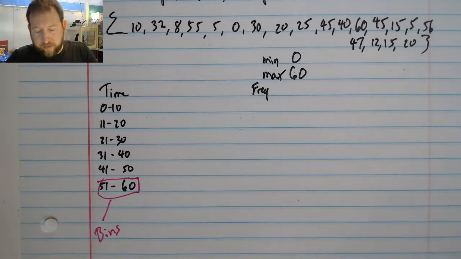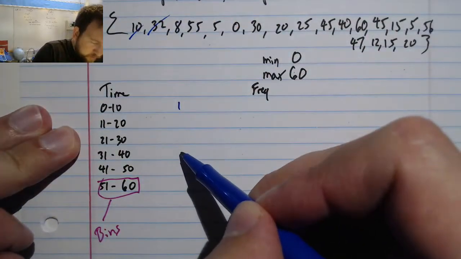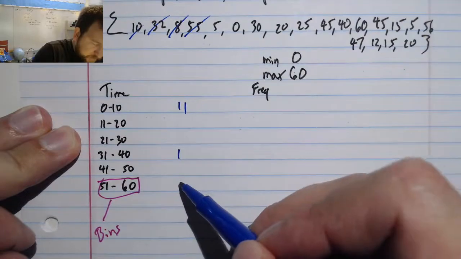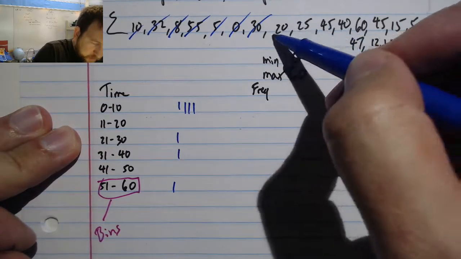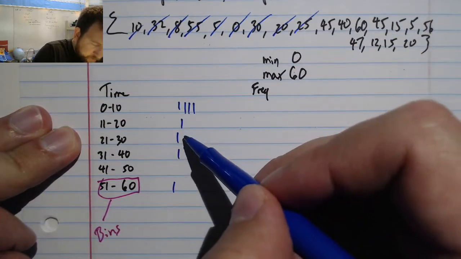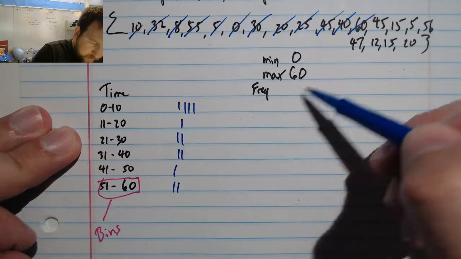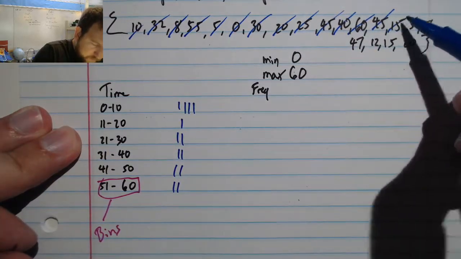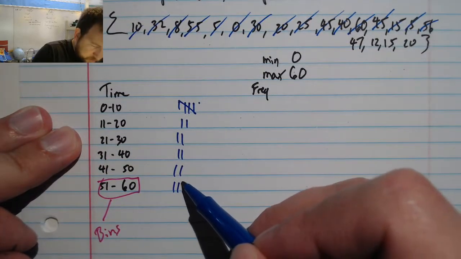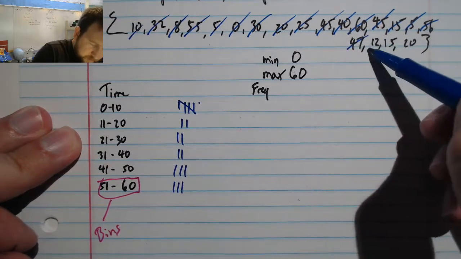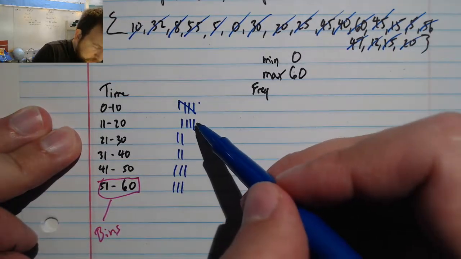Okay, then, just going to go through and do what I did before. Okay, 10 is here, 32 is going to be here, 8 here, 55 here, 5 here, 0 here, 30 here, 20 here, 25 here, 45 here, 40 here, 60 maximum, 45 here, 15 here, 5 here, 56 here, 47 here, 12 here, 15 here, 20 here.